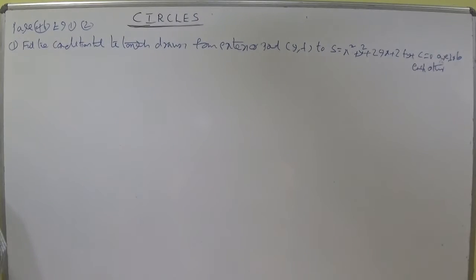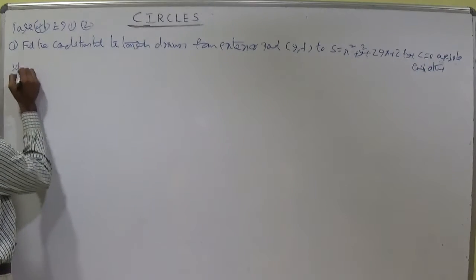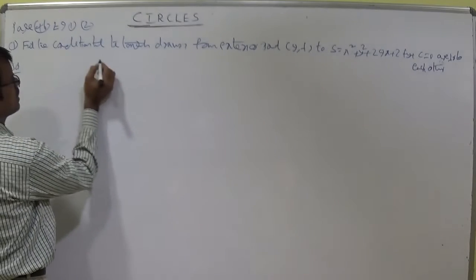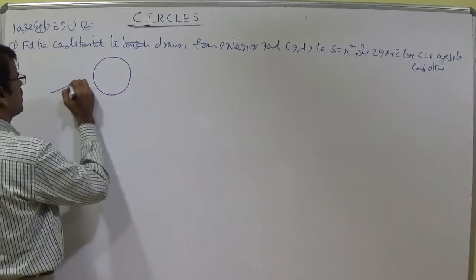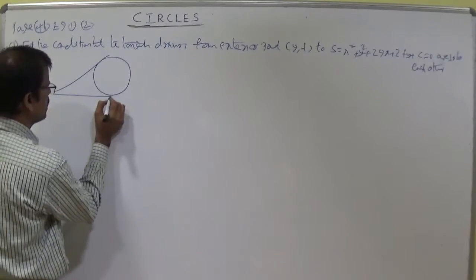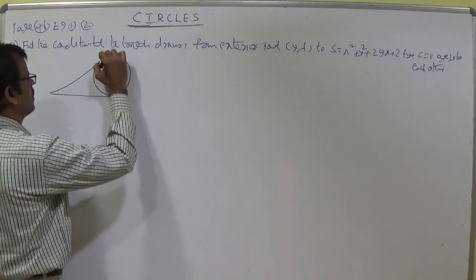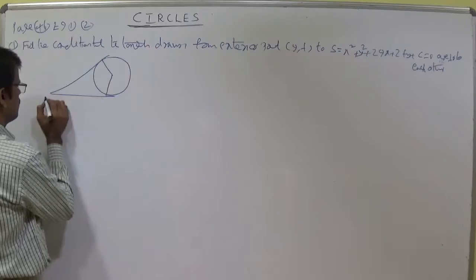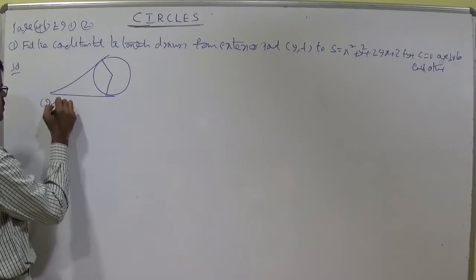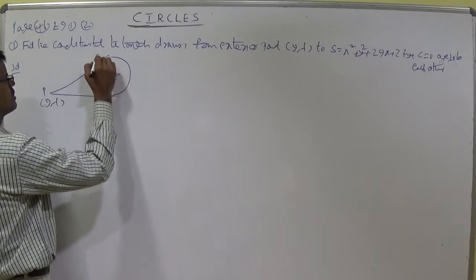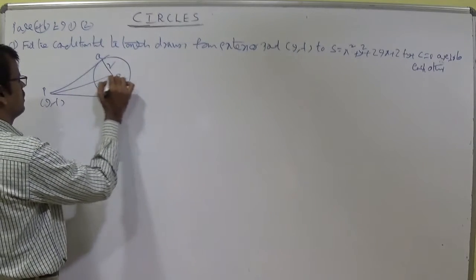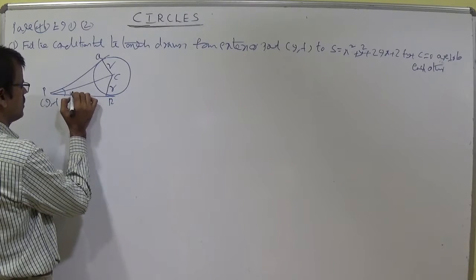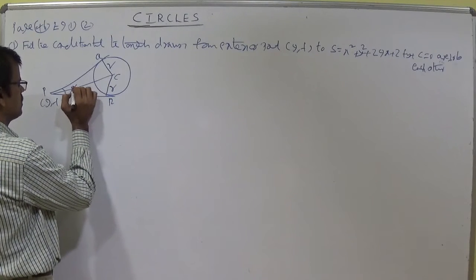Depending upon this perpendicular condition, level 1 sums are there in objective. Find the condition that the tangents drawn from a point (g, f). You put the name: here, this is P (g, f), this is the center, this is Q, this is R. This is small r, the radius, and draw like this; it becomes theta by 2 and this is also theta by 2.